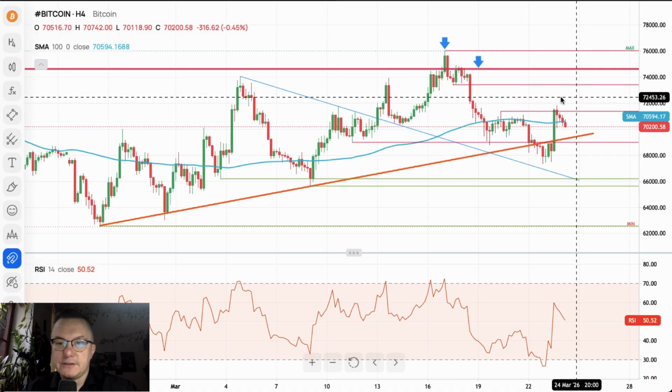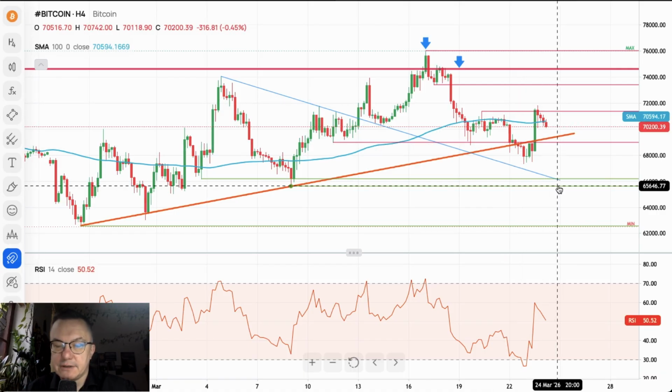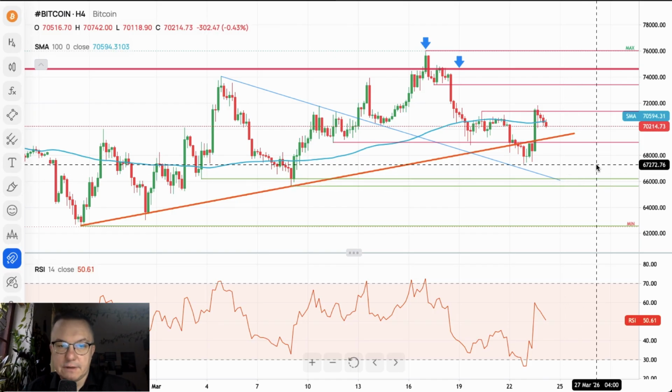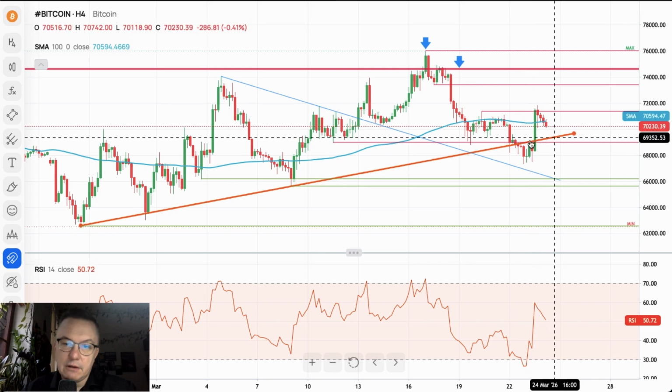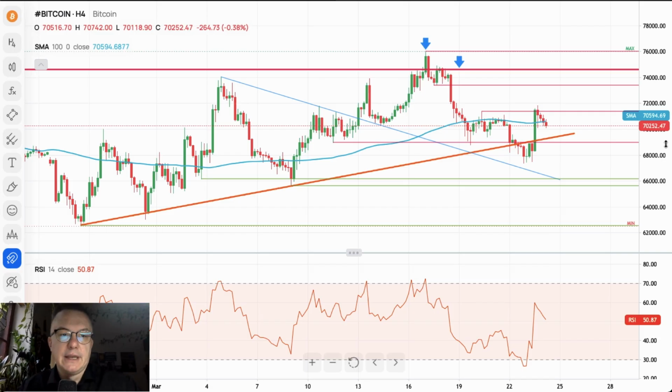Otherwise, this situation here will be much more difficult for the bulls. It looks like the market is back inside of the range, and it doesn't actually want to go anywhere near the level of 75,000. For now, we're going back to the 100 periods moving average and trading just around this level.